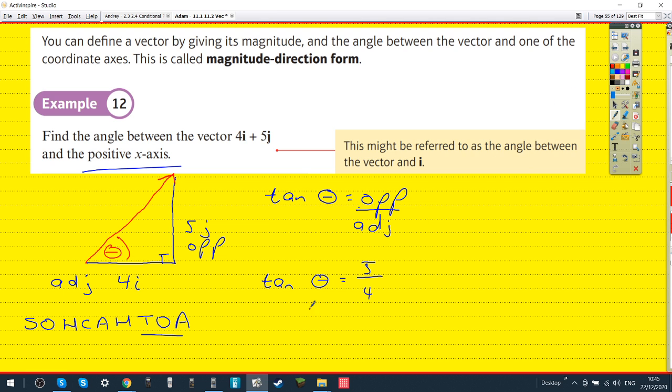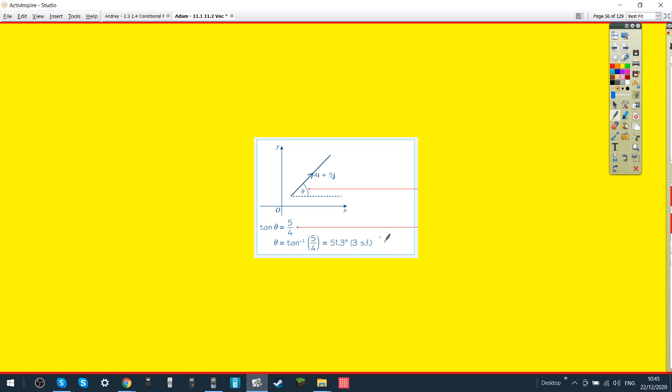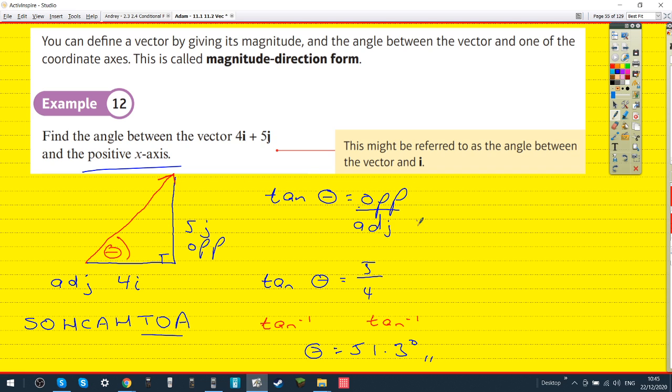We just do inverse tan. It gives you 51.340. Say 51.3 degrees, 3 sig fig.